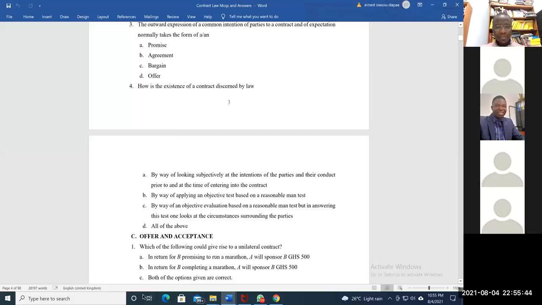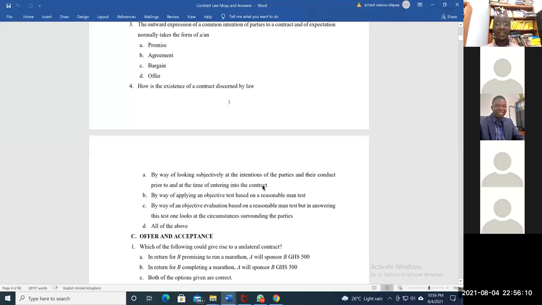C, by way of an objective evaluation based on a reasonable man test, but in answering this test, one looks at the circumstances. I think you are right that C is the most accurate test, because if C was not there, then you could go for B, right?